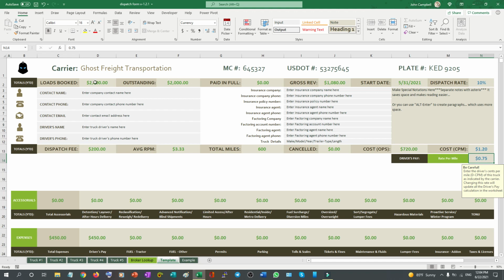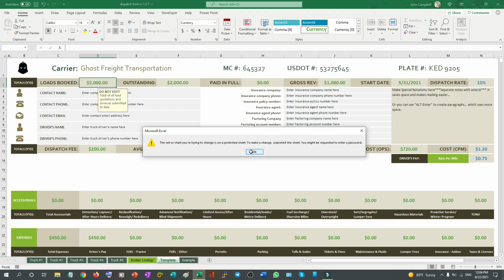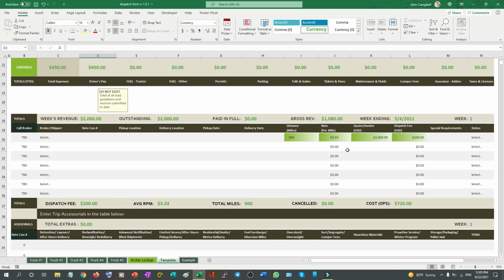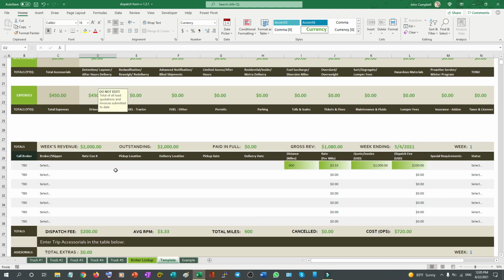The number of loads booked is the total of all of the invoice amounts, or the amount of money that you bid on each load that you carry every week is totaled, and we keep that running total for the week in the week's revenue, which is in this case $2,000, because that's the only thing we've entered here.